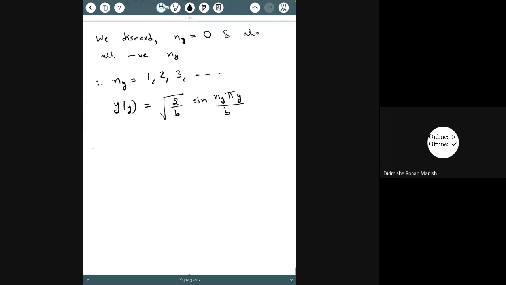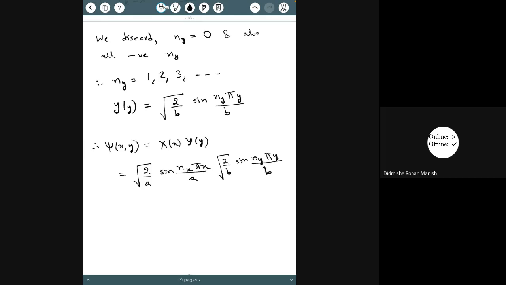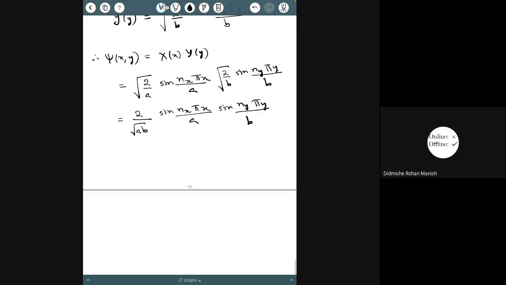Therefore, psi of x y is simply X of x into Y of y, which is equal to root of 2 by a sine of n_x pi x by a, times root of 2 by b sine of n_y pi y by b, which is equal to 2 by root of a b sine of n_x pi x by a sine of n_y pi y by b. So we got the wave function.